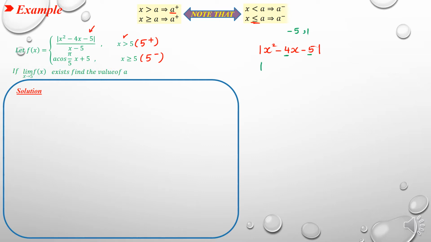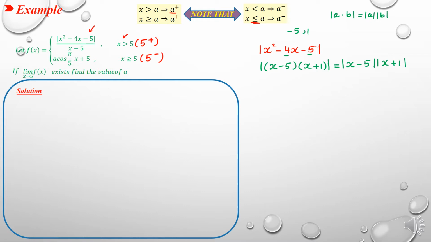So the inside function will be (x minus 5) multiplied by (x plus 1). Now the distributive property of the absolute value says that the absolute value of a times b equals the absolute value of a times the absolute value of b. So we can write this as the absolute value of x minus 5 times the absolute value of x plus 1.